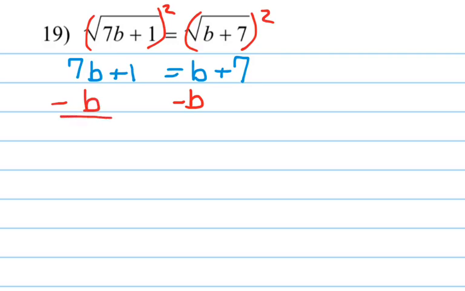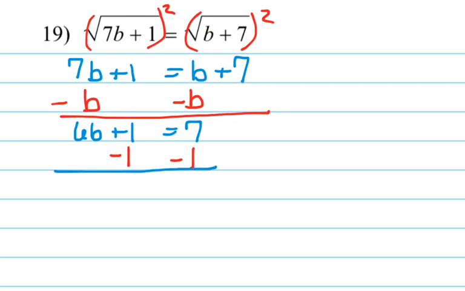I'm moving my b over to the left, leaving me with 6b plus 1 is equal to 7. And if things like b's cause you problems because they look too close to your 6's, change this to x's. It's the same process. I now need to move the 1 over to join with the 7. So that gives me 6b is equal to positive 6. Divide both sides by 6. And b is equal to 1.